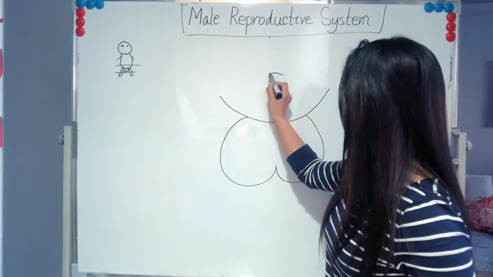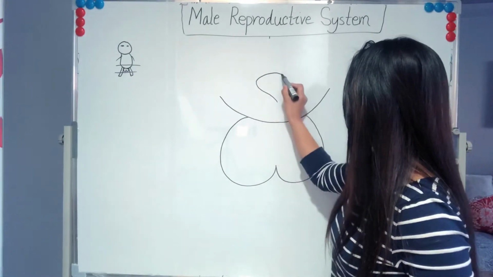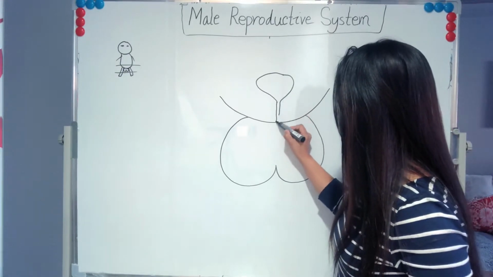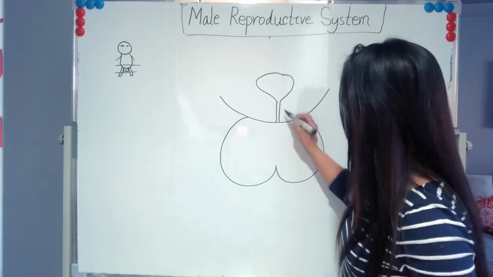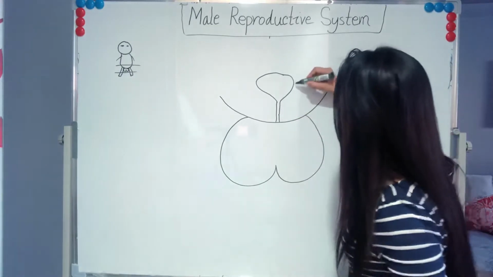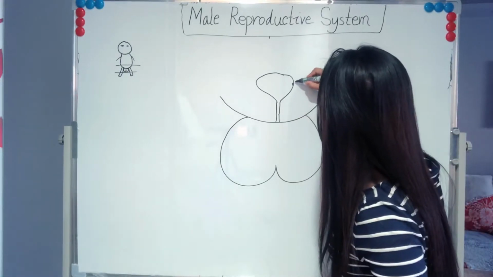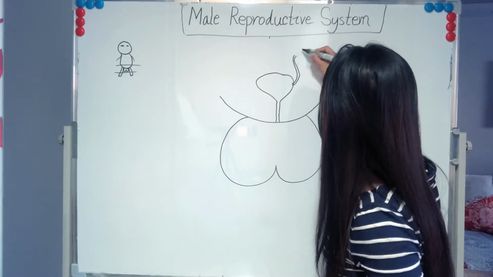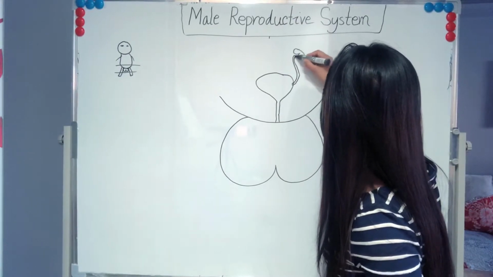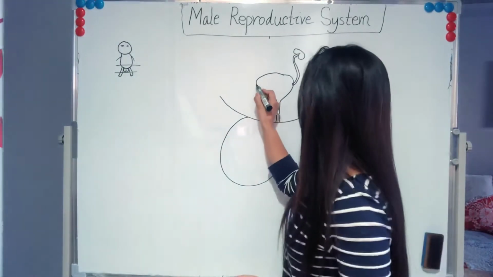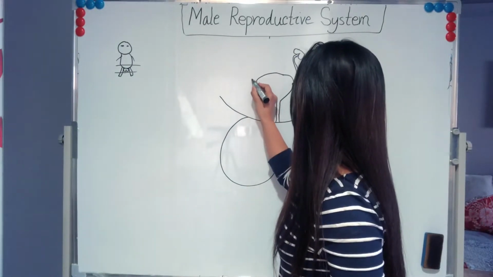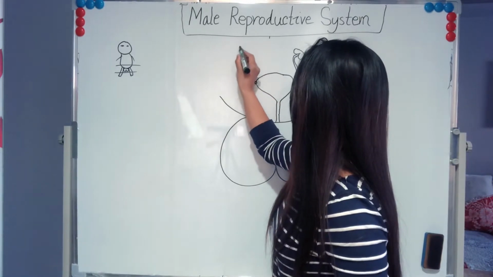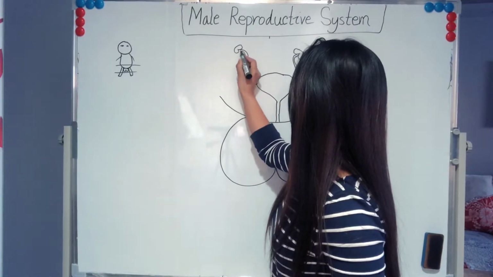So this is urinary bladder and this is urethra, and this is ureter, kidney, ureter, kidney.